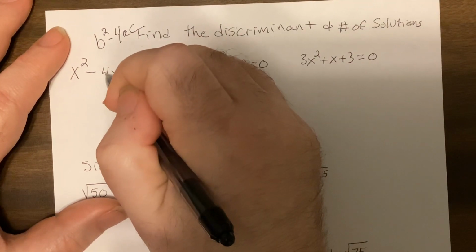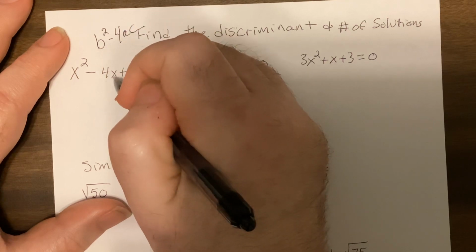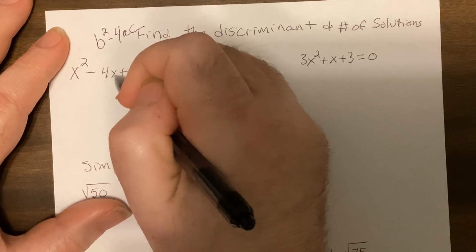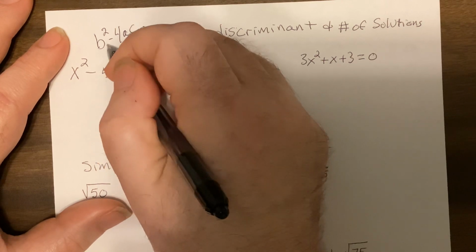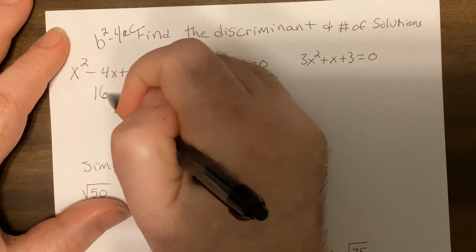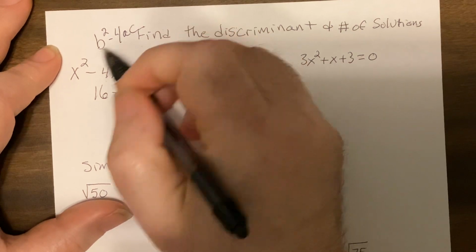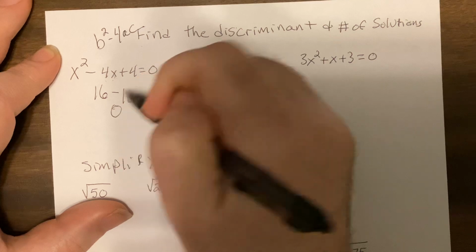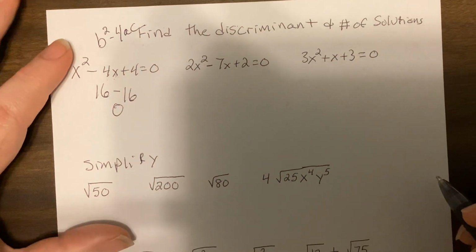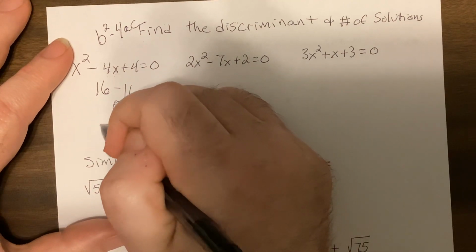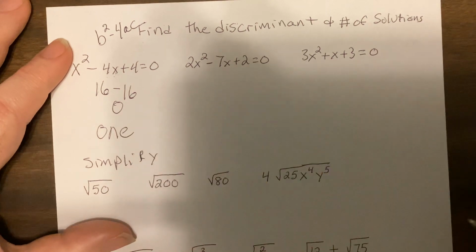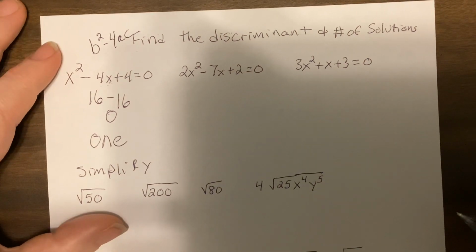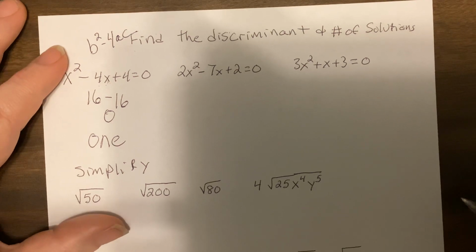So, b is the coefficient of x to the first power. So negative 4 squared is 16, minus 4 times 1 times 4 is 16. It's 0. So if the discriminant is 0, you're going to have one solution, or technically one rational root or one real root.